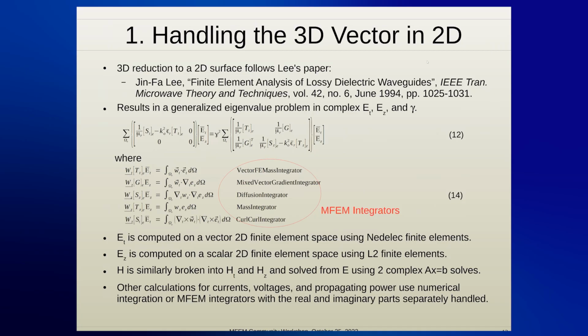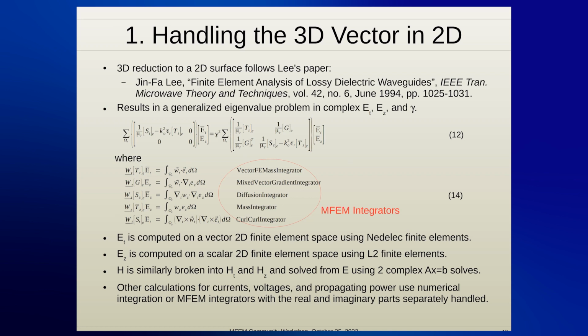Handling the 3D vector in 2D, I'm just using a paper by Jin-Fa Lee, published in 1994. And you end up with a generalized eigenvalue problem in the tangential electric field and longitudinal electric field, and the complex propagation constant squared.